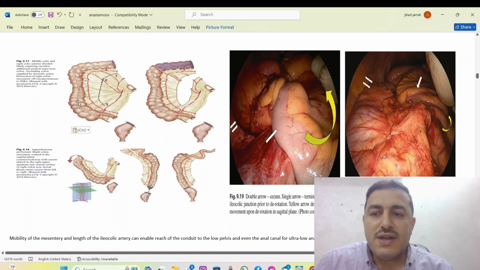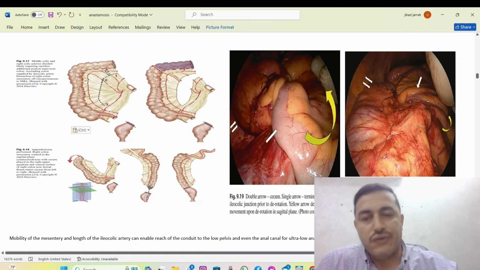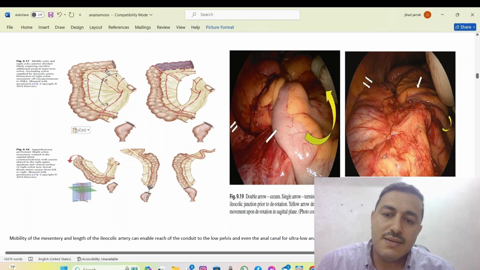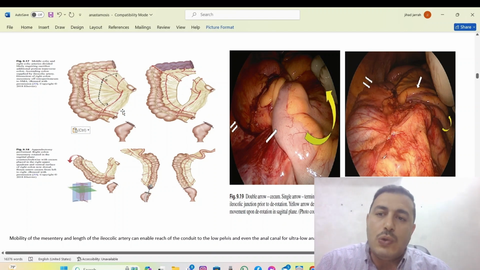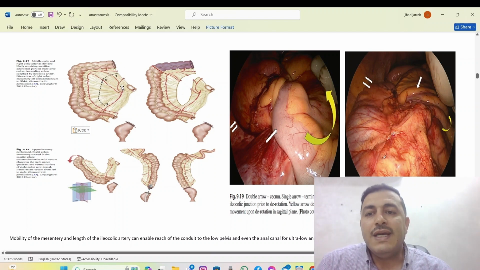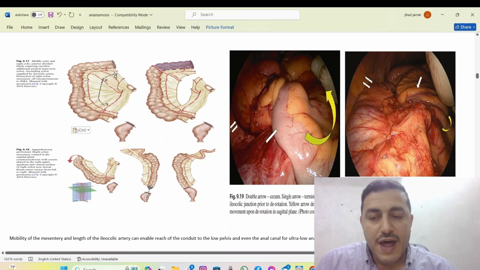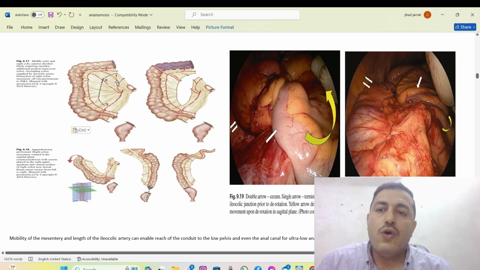We can use the right colon as a conduit to do colorectal, coloanal anastomosis, and what we do is actually resection of the mesentery of the colon, and that includes also the middle colic and right colic artery up to the ileocolic artery.